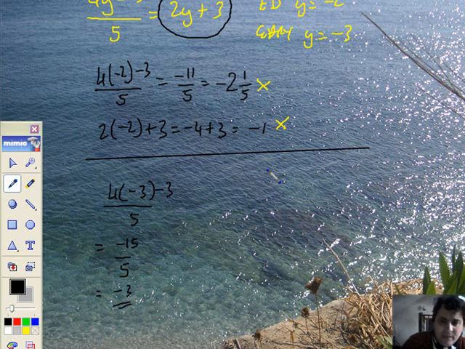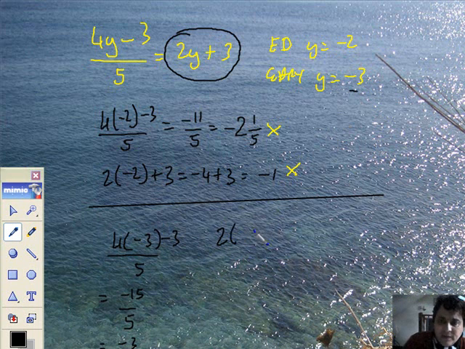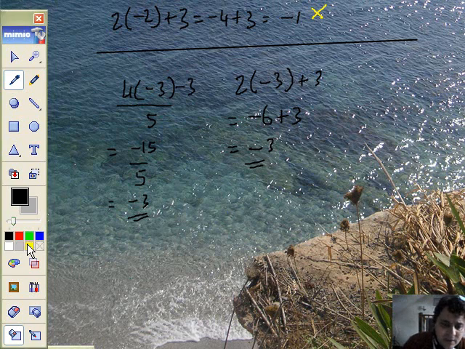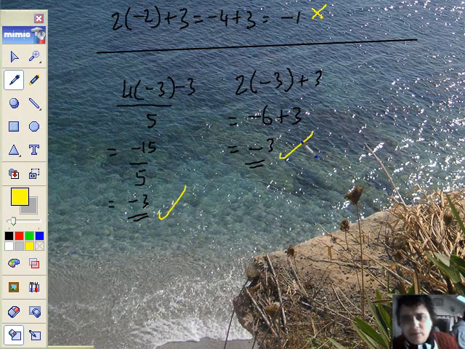And let's just see, if we get -3 on this side, we can make a match. So 2 lots of Gary's -3 is -6, add on 3, and we've got -3. There's a match. Therefore congratulations to Gary, he can have a house point or whatever, have a day off.